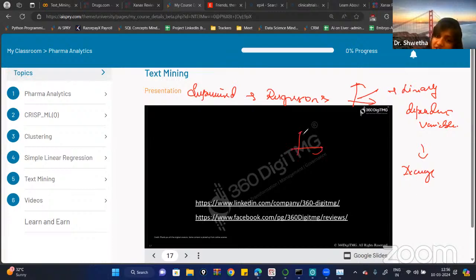This dependence we try to check with the scatter plot or the correlation coefficient. And if there is dependency, then we build the linear regression model, which gives us a straight line equation. This is our best fit line, and you can predict new data with this line.